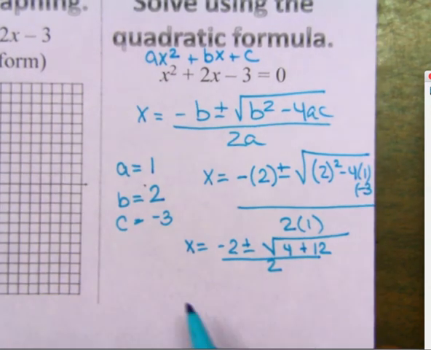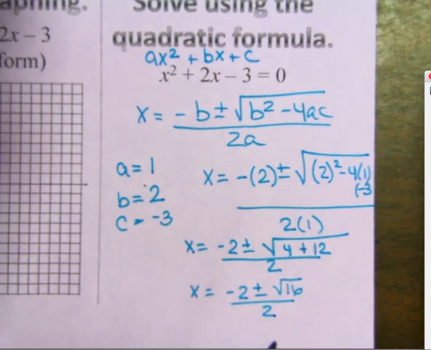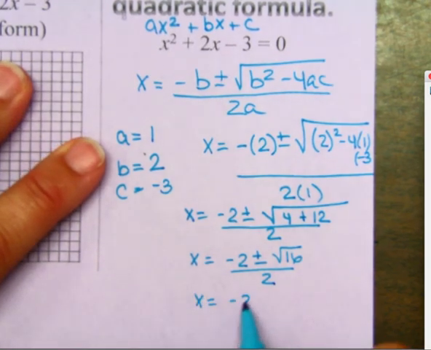So now, if I clean it up even more, I have x equals negative 2 plus or minus the square root of 4 plus 12, which is 16, all over 2. And if we remember, the square root of 16 is 4. So I end up with x equals negative 2 plus or minus 4 divided by 2.